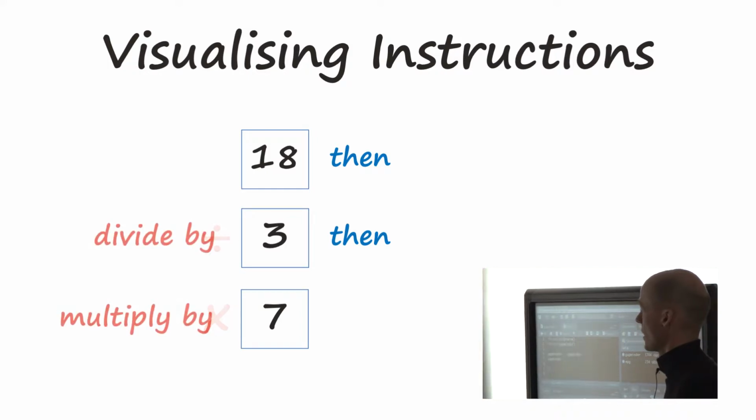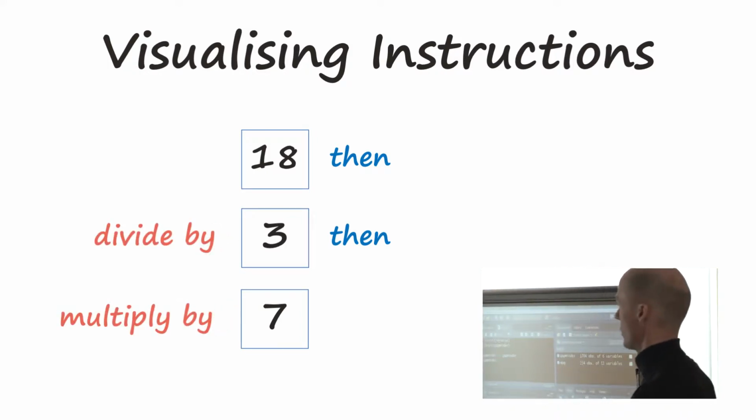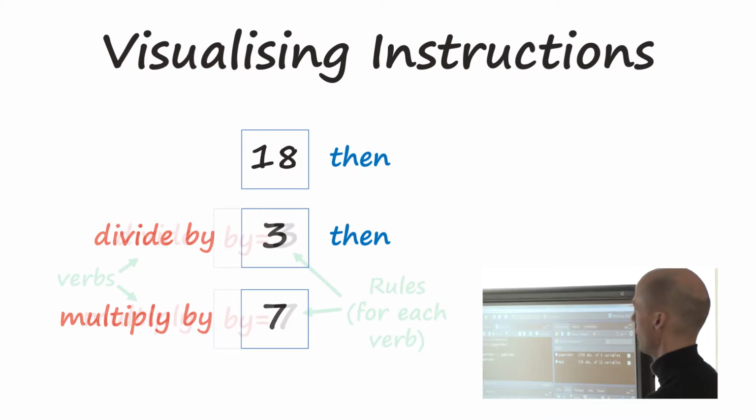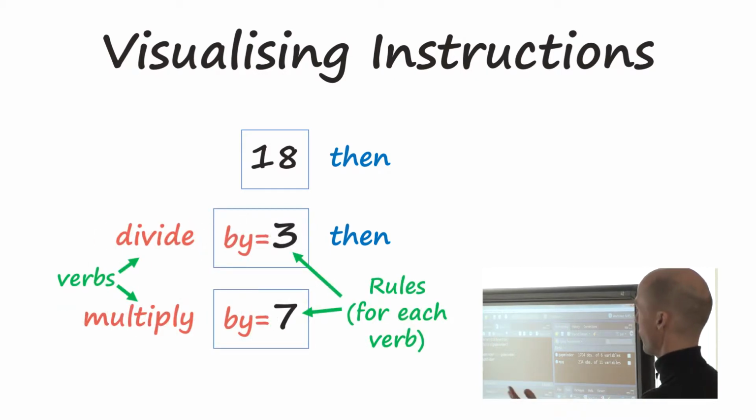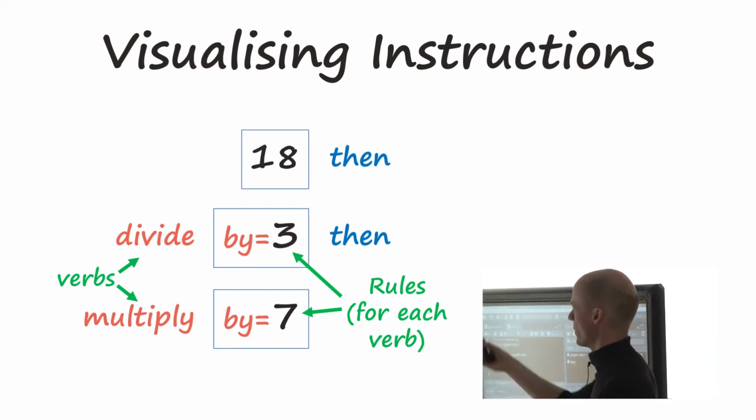Let's change the operators into English words. So 18, then divide by 3, then multiply by 7. And I just want to isolate the verbs on the side there. So 18, then divide, and then in the box by equals 3. We'll call those the rules.